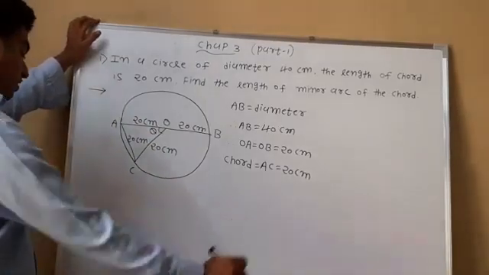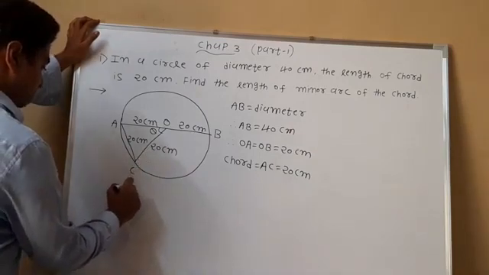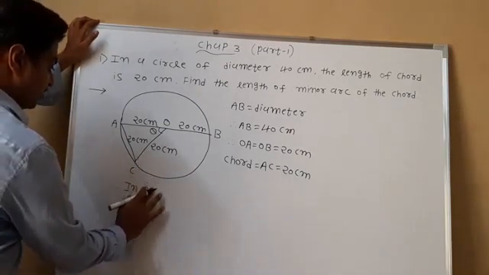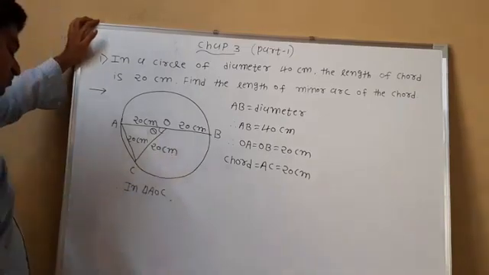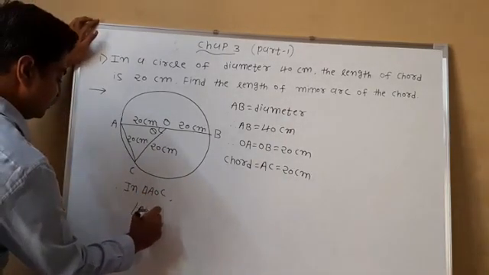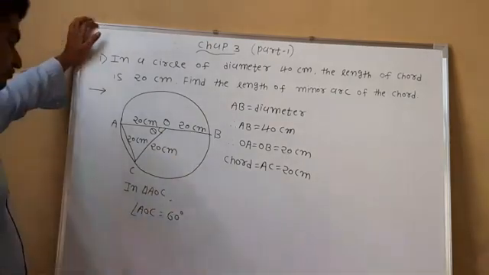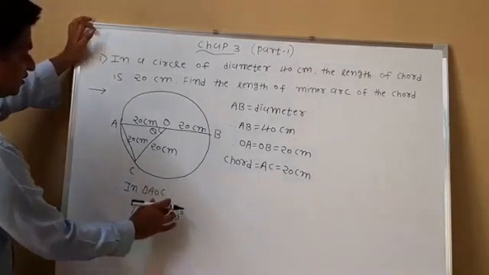So now, first of all, in triangle AOC, angle AOC is equal to 60 degree. Why is angle AOC equal to 60 degree?